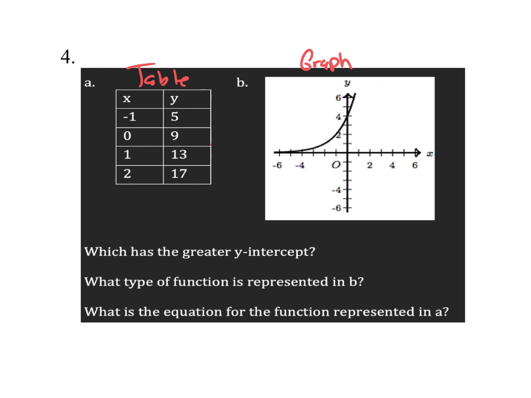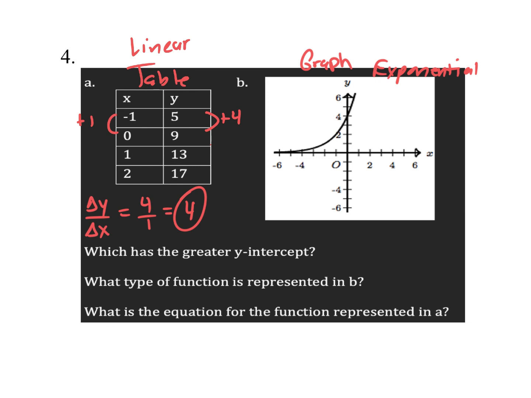On the left, I can see that the rate of change is adding 1 and adding 4. So that's 4 over 1, which is just 4. And that means that this is not exponential. I can tell from the graph that that is exponential. But if it's increasing by the same amount each time, this one is going to be linear.